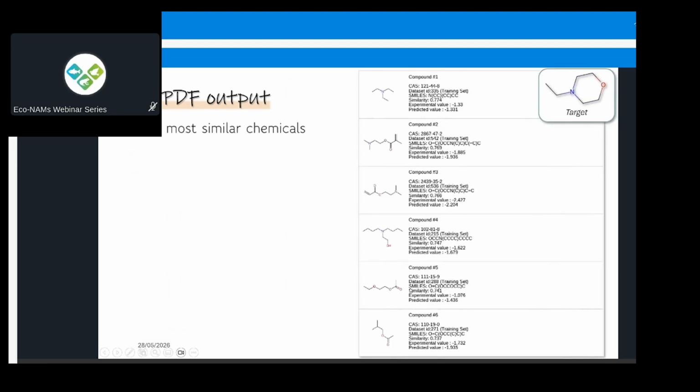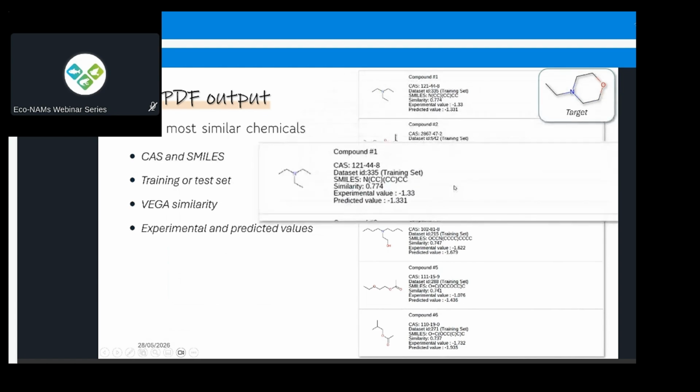In another page, there is the list of the 6 most similar chemicals. For each of them, there is some information. The most important ones are the Vega similarity, which is a structural similarity, and the experimental and predicted value. Again, they are in the measure unit used by the model.